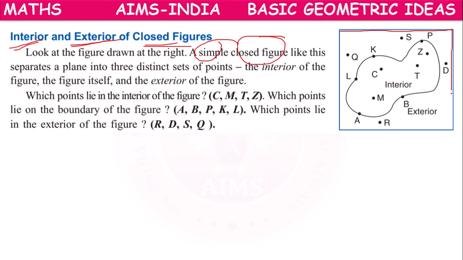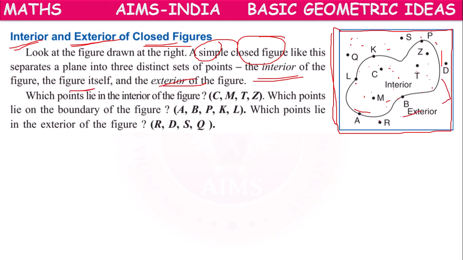Suppose this simple closed figure is in this rectangular plane. It divides the plane into three parts. Interior part means this part, which is inside the simple closed figure. Exterior part is outside the simple closed figure.